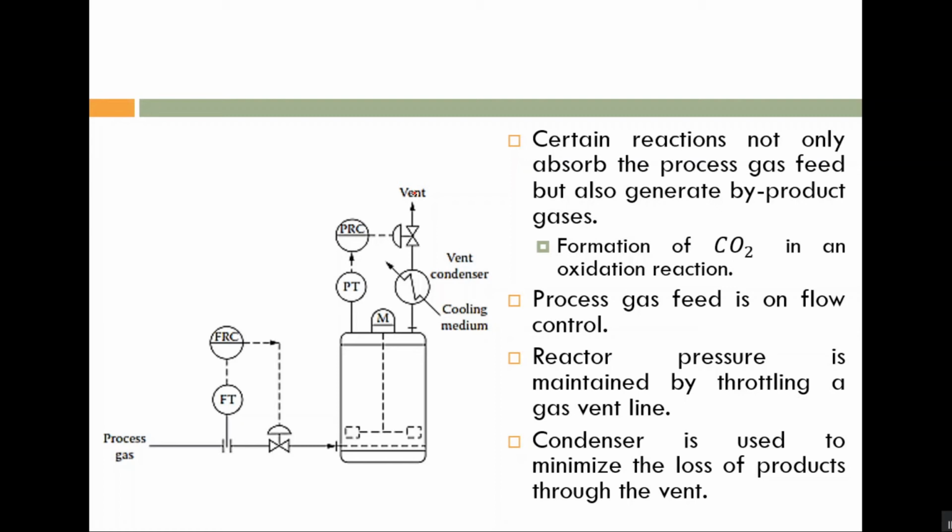So in order to restrict that, a cooling mechanism is used. This is not the heat transfer medium that we are supplying to the reactor; this is different. Here this cooling medium is used to collect the required product from the byproduct gases. Otherwise, along with the byproduct gas, a small amount of required product will also escape.